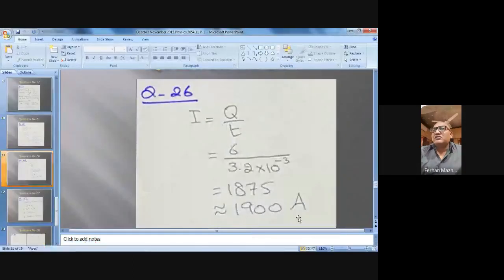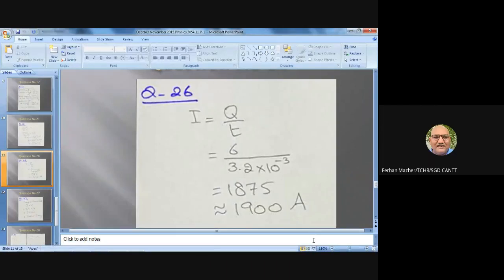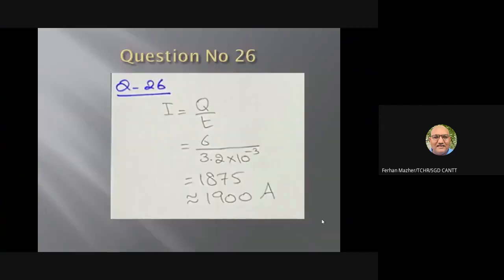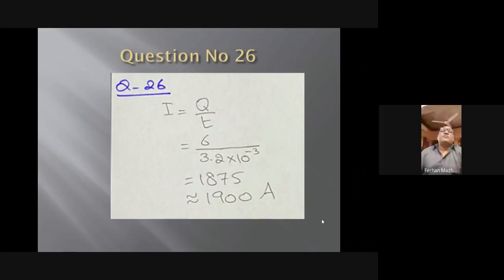So on your screen, I think it's visible to you. Question number 26, I equals Q divided by T. The charge value is 6. In this formula, time must be taken in seconds. The time is 3.2 millisecond. Milli means 10 raised to the power minus 3.